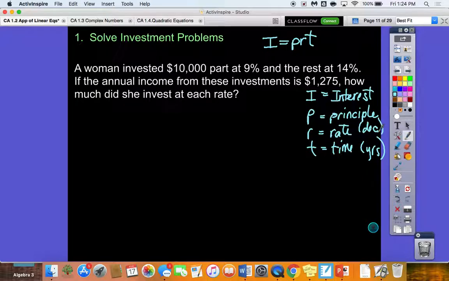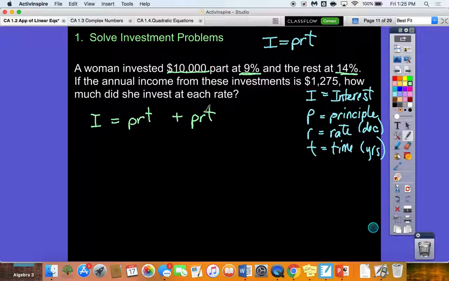Okay, so the thing here is it's not straightforward. It's upgraded, as it should be for college algebra. This woman has $10,000, and she's putting part of it at 9% and the rest of it at 14%. So we have two rates, which means we're going to have interest equals PRT. So there's one bank, and here's the other account or bank.